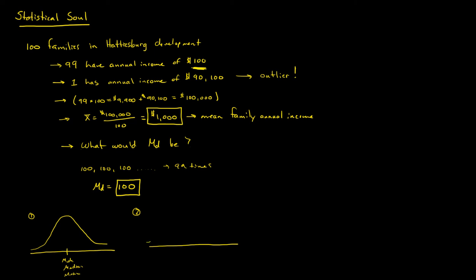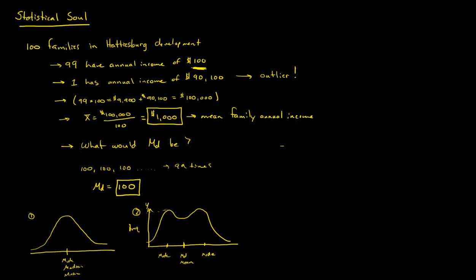Maybe something that goes up, comes down, goes up, and comes back down again. Then over here you would have either a major or a minor mode, and over here you'd have either a major or a minor mode, because your y-axis, which I'll draw in on this one, would be frequency. So this is your highest frequency right here, the mode, the most often observed score. And in this particular case, the middle of this would be the median and the mean.